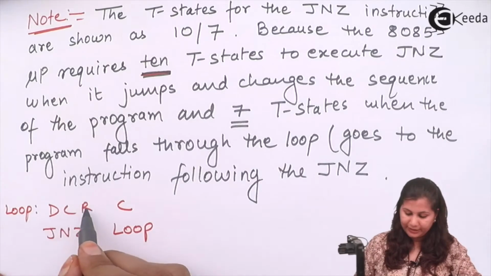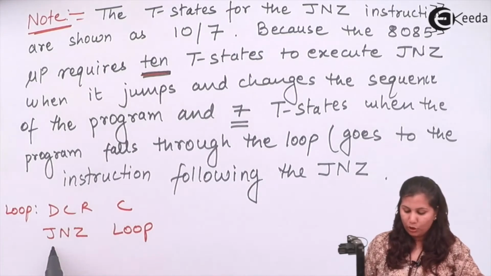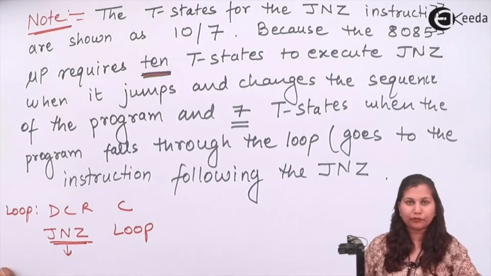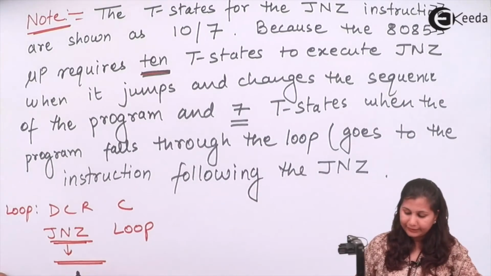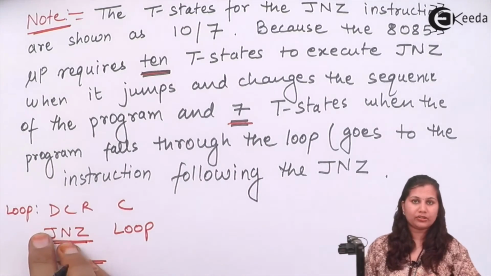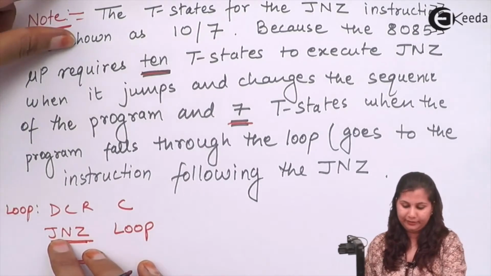So at the last time, when this counter is decremented and has become 0, this condition is not fulfilled, and the microprocessor will come out of the loop and execute the next instruction written after it. At that time it required only 7 T states. So the difference of these 3 states has to be subtracted from the loop delay.